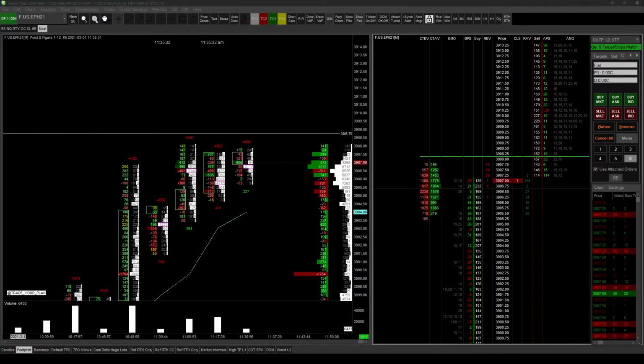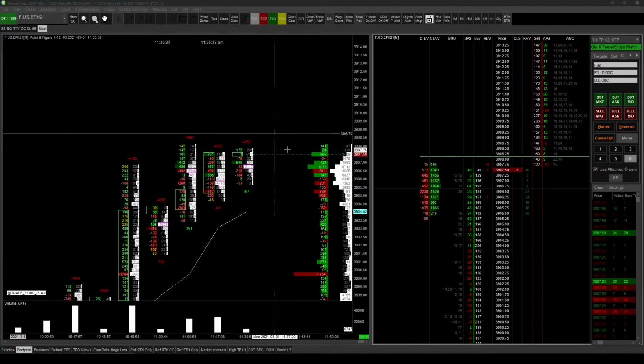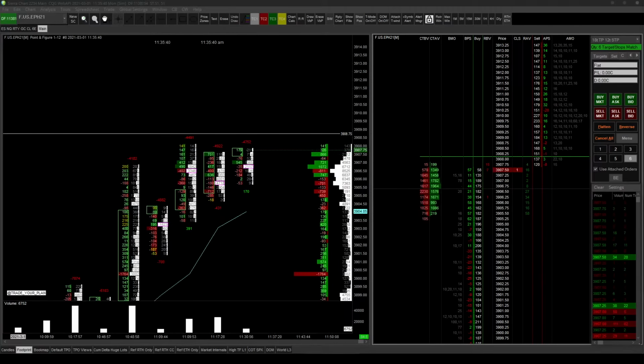But yeah, anyway, still working on things with my Sierra Chart account, trying to get it all switched over, and having settings in my Sierra Chart account that are wrong, that are generating payments and stuff like that. Yeah, it's just working through it.